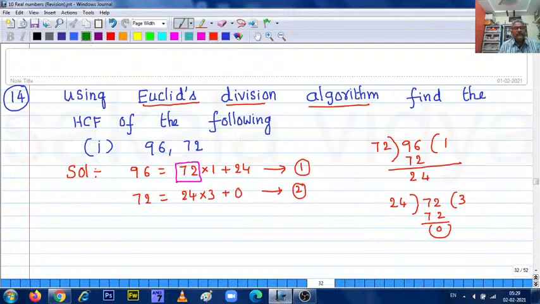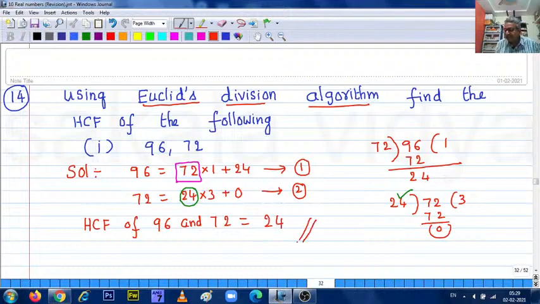So now this 24 is the HCF, highest common factor. Therefore, HCF of 96 and 72 equals 24. Very simple method. This is Euclid division method.